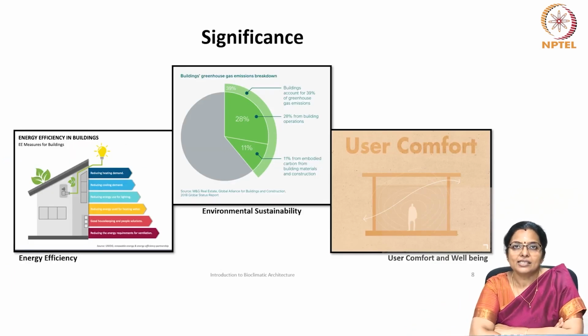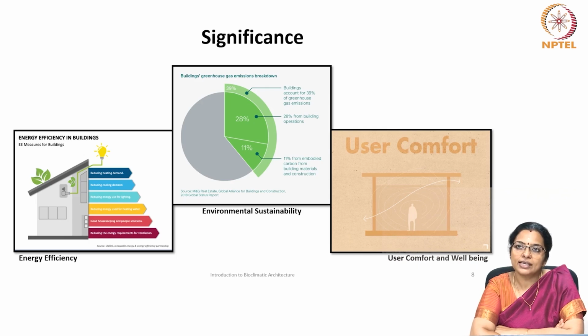Now, let us look at the significance of bioclimatic architecture. Bioclimatic architecture is significant for several reasons. Energy efficiency, this is one of the primary advantages, and this is the focus which maximizes natural resources like sunlight and wind for heating, cooling and lighting buildings.